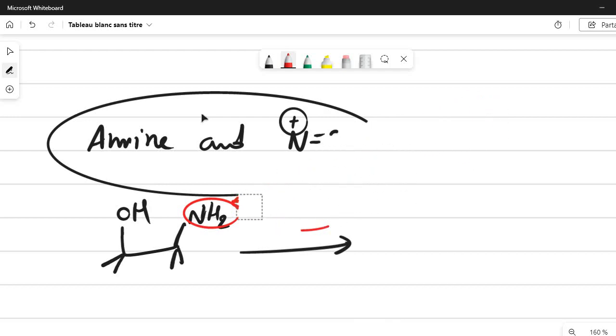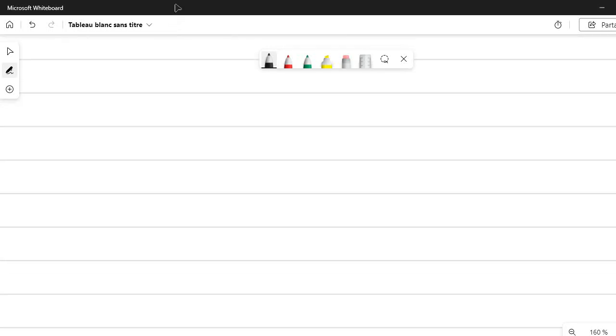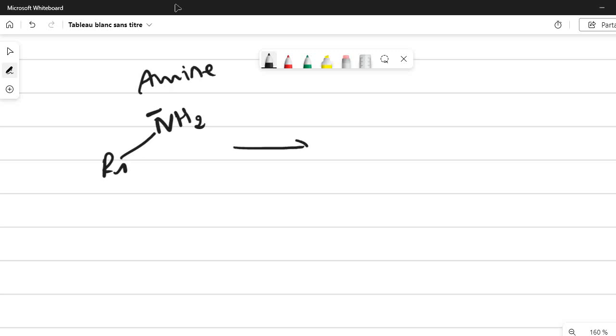We are going to write the mechanism of this reaction. So let me just write R1 NH2, okay? So I have an amine, this is my amine, and I need a nitrosonium, okay? I'm not going to write HNO2, I'm going to write NO plus, okay?